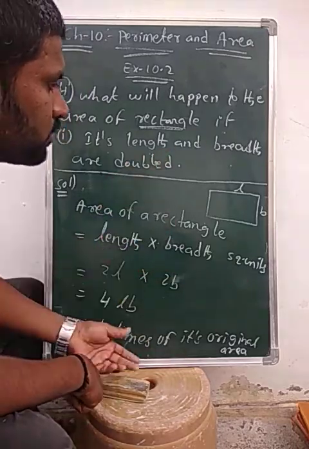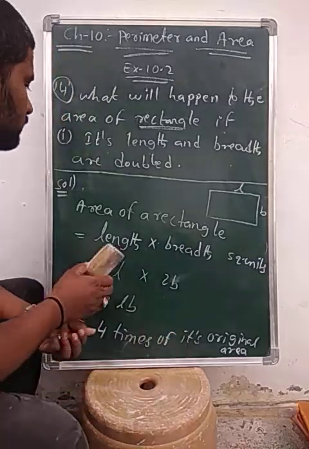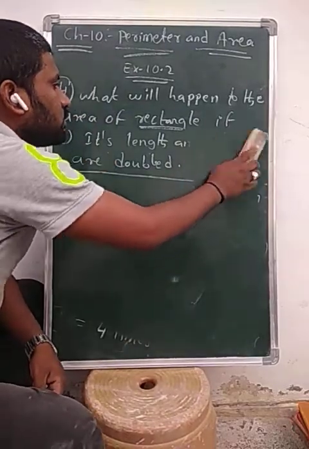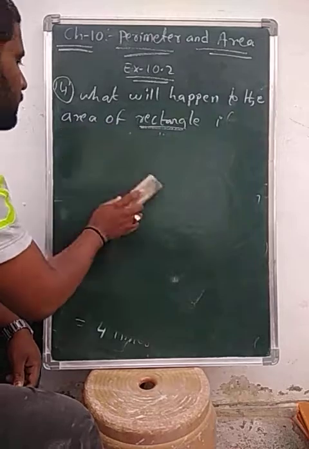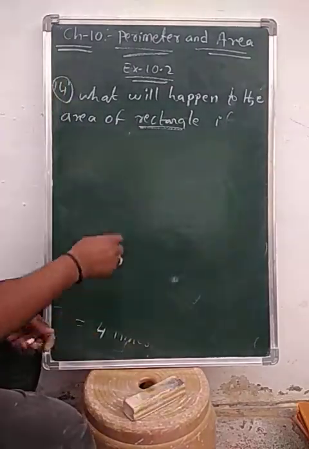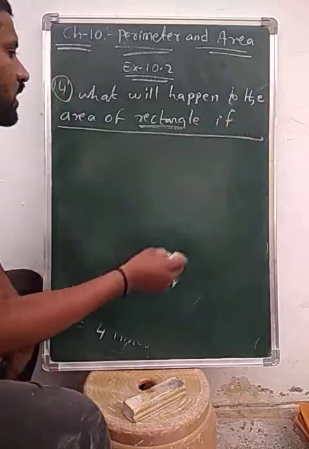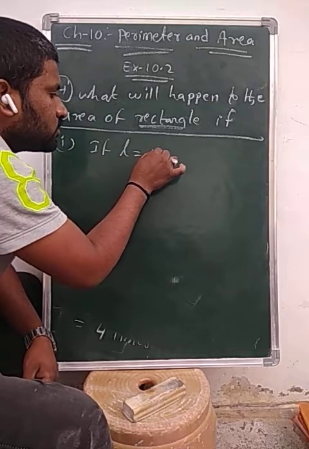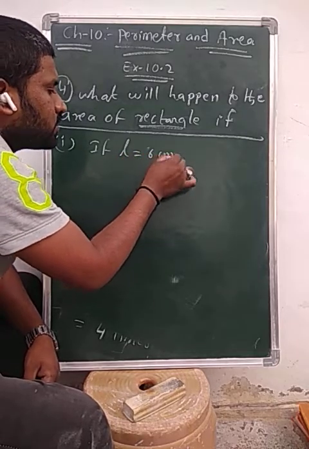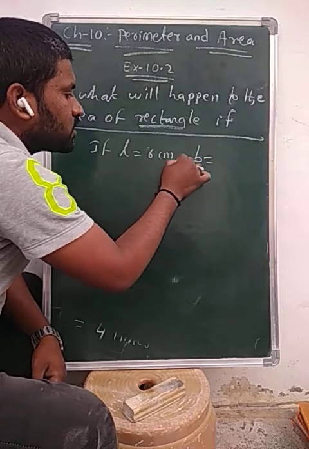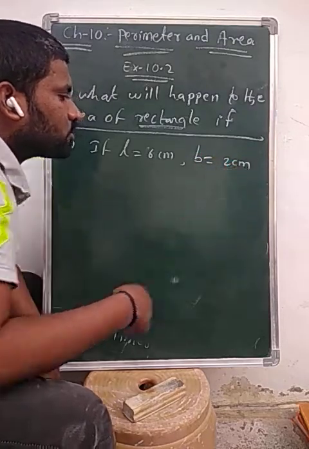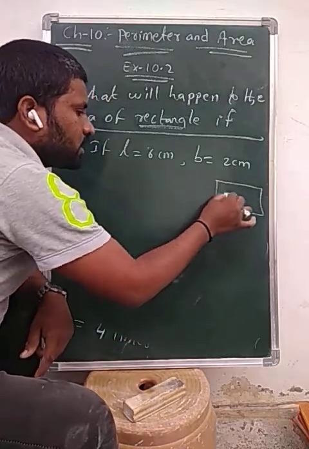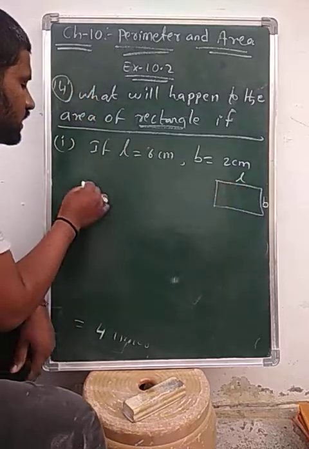So I want to explain this by taking my own example. If length is equal to 6 centimeters and breadth is equal to 2 centimeters, what is the area of the rectangle?